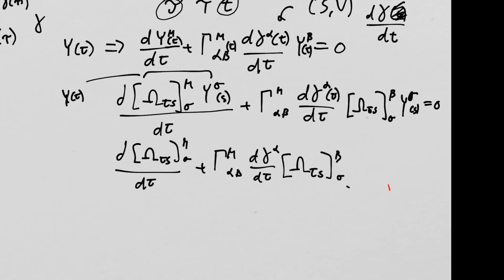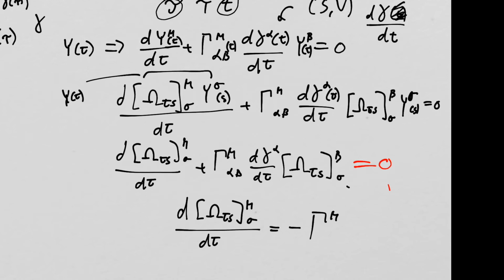And once we've done that, that's now our expression, that equals 0. And I've done all that just for that last line where I can write d gamma ts mu sigma dt equals minus this connection coefficient.